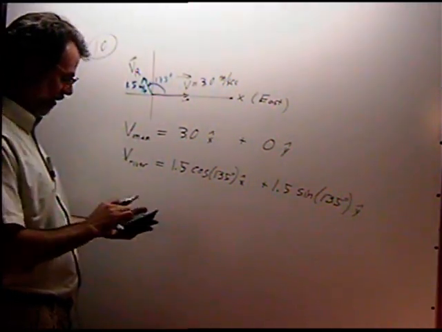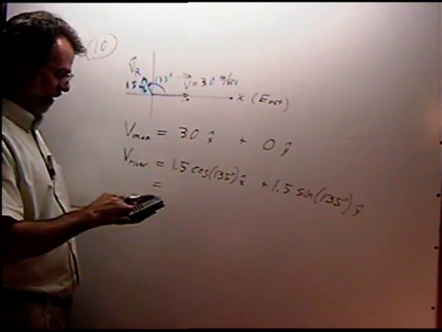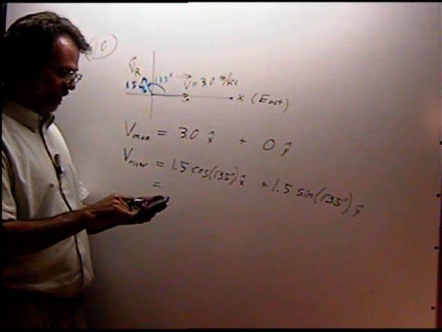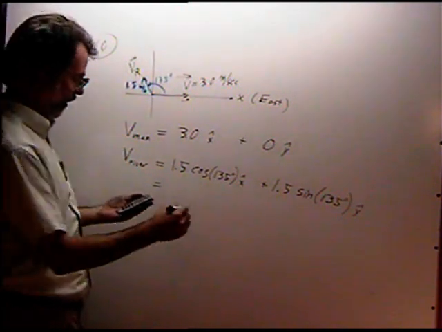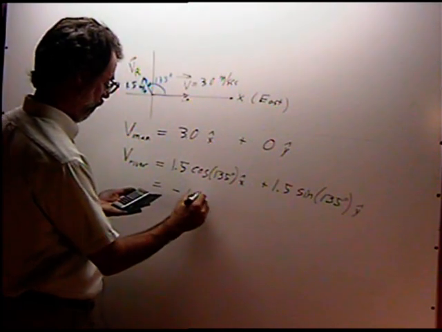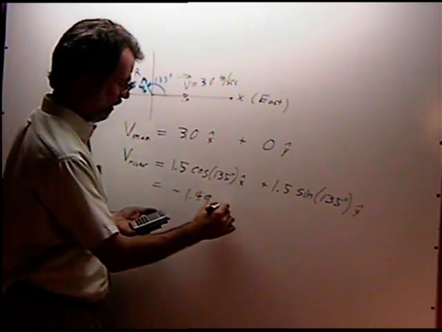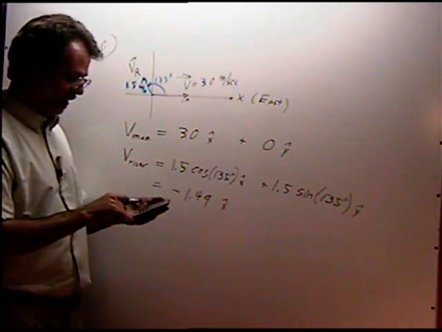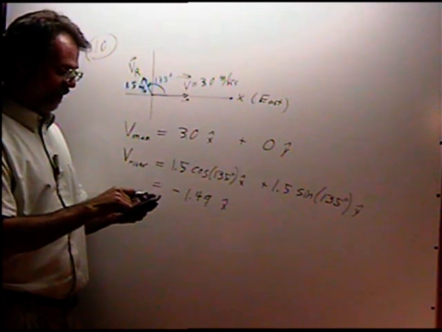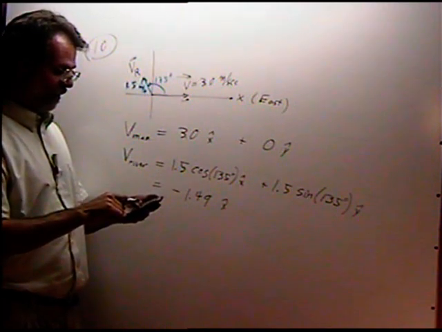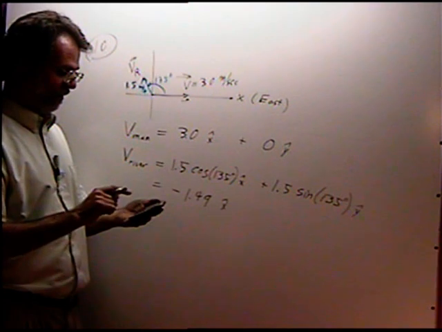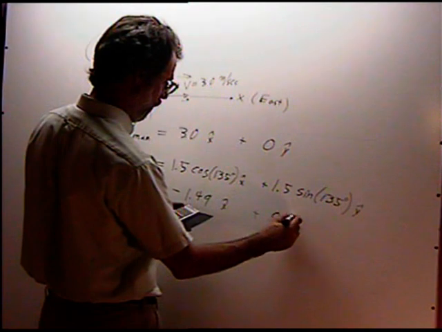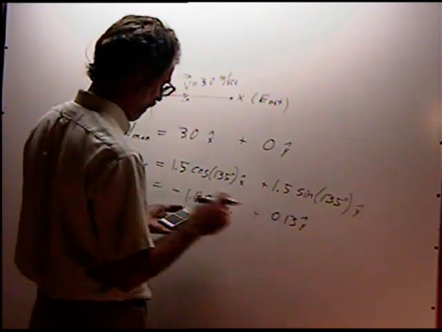So I use my calculator: cosine of 135 times 1.5, and I get minus 1.49 meters per second in the x direction. For the y, sine of 135 degrees times 1.5, and I get 0.13 in the y direction.